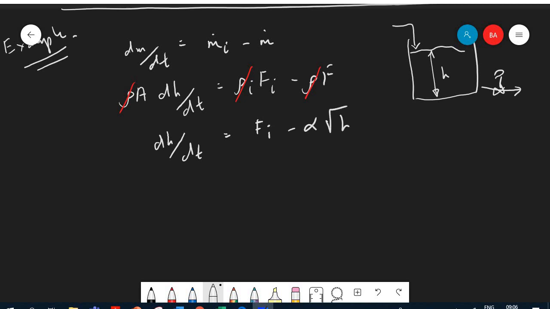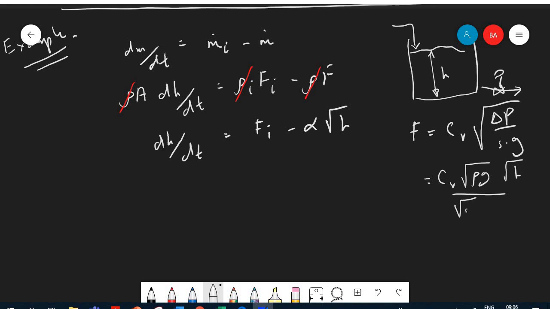And where did alpha square root of h come from? We said that F is equal to CV into delta P over specific gravity, and delta P is rho g h, so this is CV into rho g h over specific gravity.